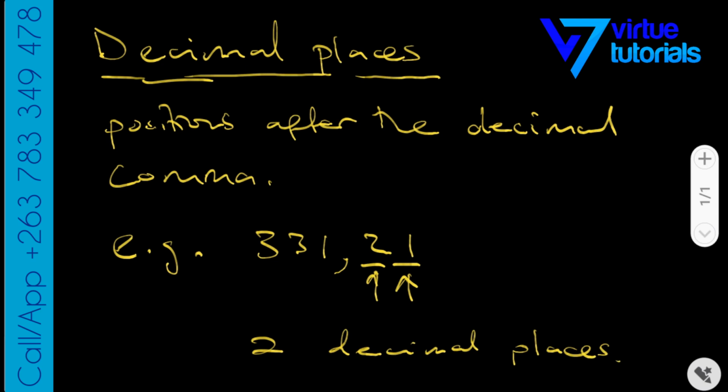Now, if you looked at significant figures, you remember how we rounded off to significant figures. We can also round off to decimal places. So we're going to use examples to illustrate that.